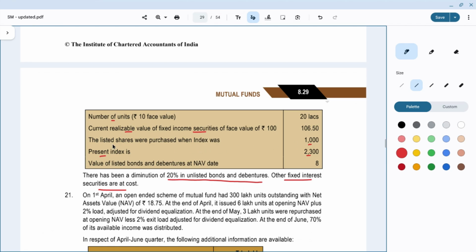and also it is given that the listed shares were purchased when the index was 1000 and now the present index is 2300, right? So what I will do, I will take the 20 crores, that is the cost value, into 2300, which is the present index, divided by the index value at which it was purchased.